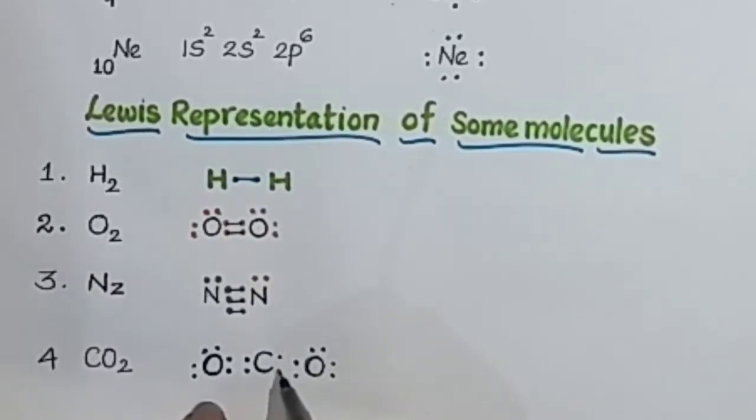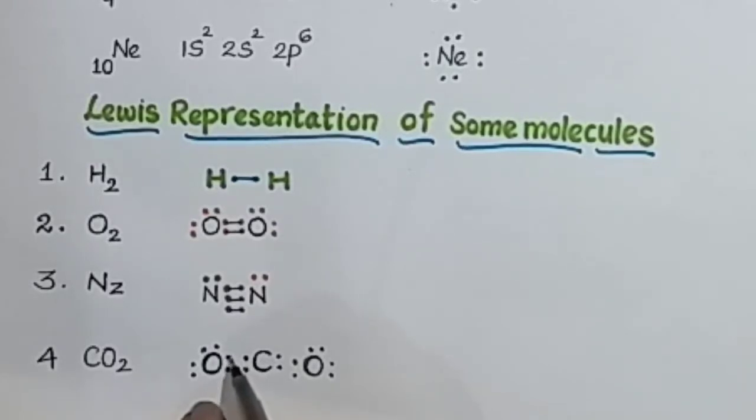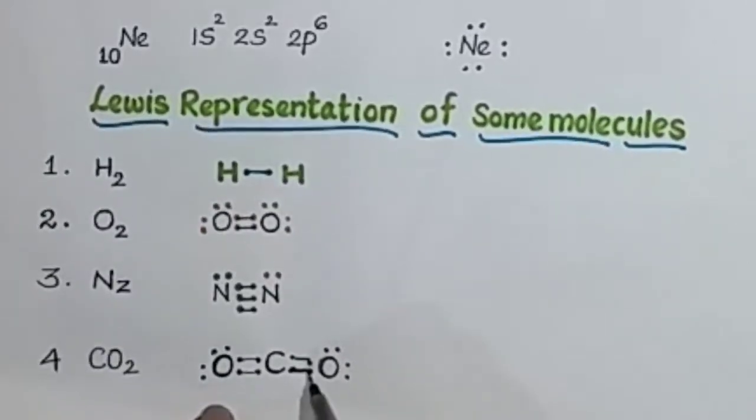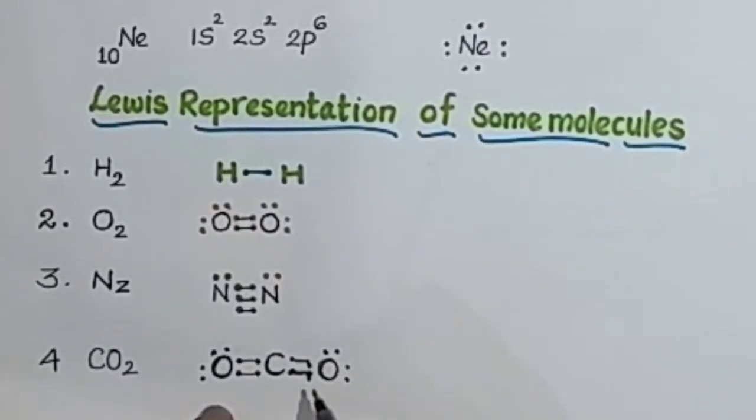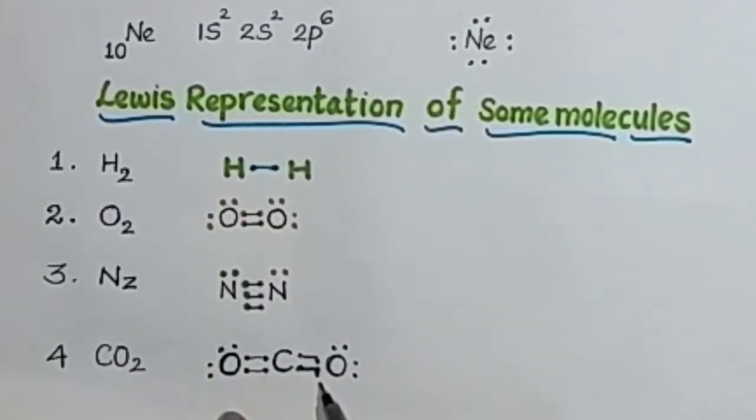This carbon atom has 4 valence electrons. Here there is mutual sharing between carbon and oxygen. Double covalent bonds are formed, 2 double covalent bonds, and they complete their octet.